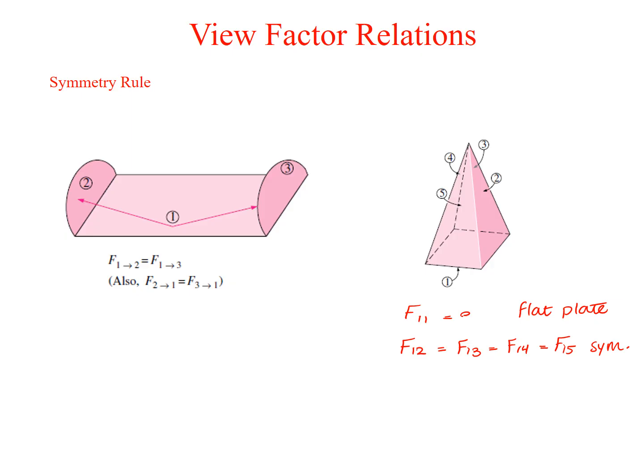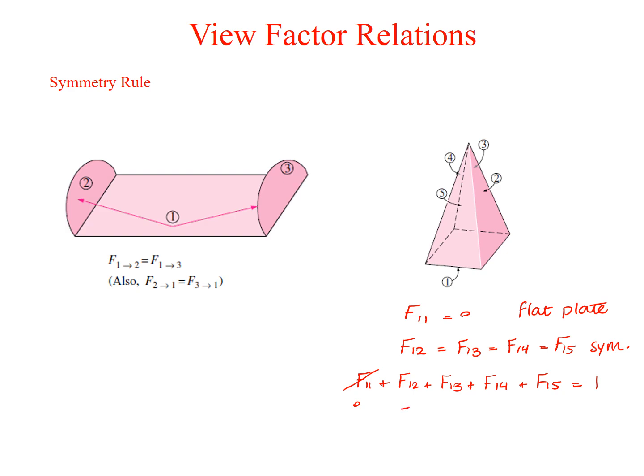What else can we say about this? Is this an enclosure or not? It is an enclosure. So I can say that F11 plus F12 plus F13 plus F14 plus F15 is equal to 1, a total of 1. I mean, the radiation from 1 can't go anywhere else other than arrive at itself or on the other 4 surfaces. Now, I've already said that F11 is equal to 0, and I've already said that these 4 are actually equal.